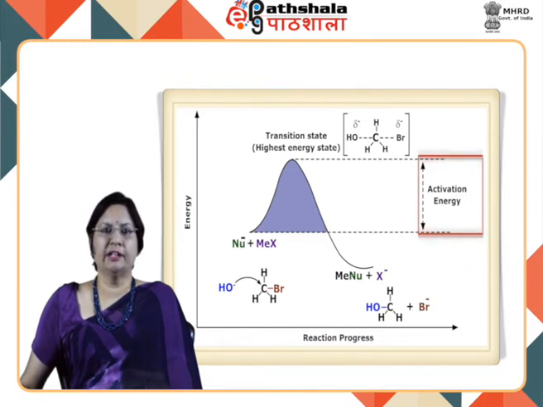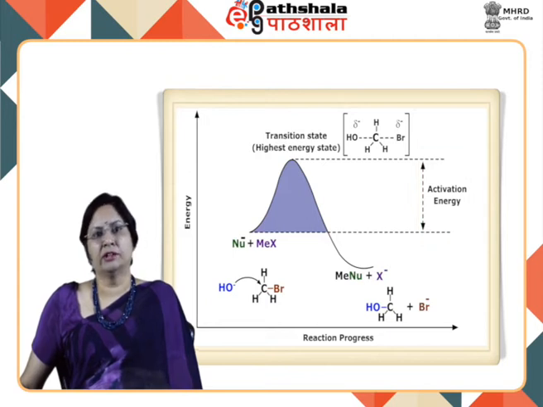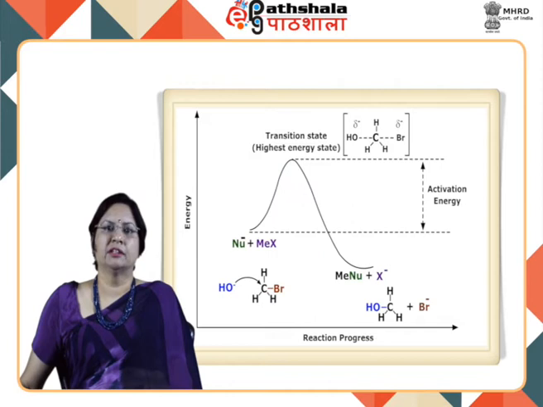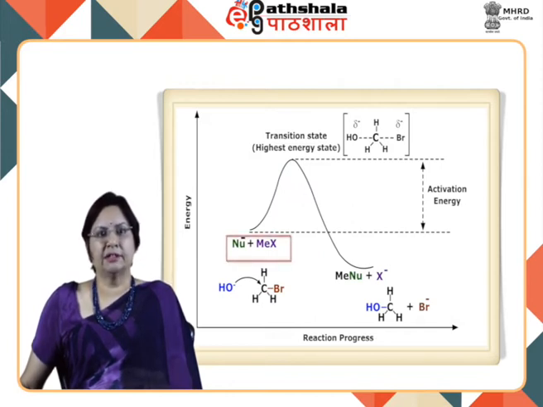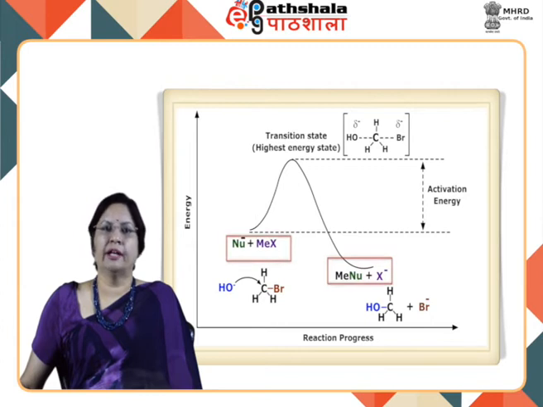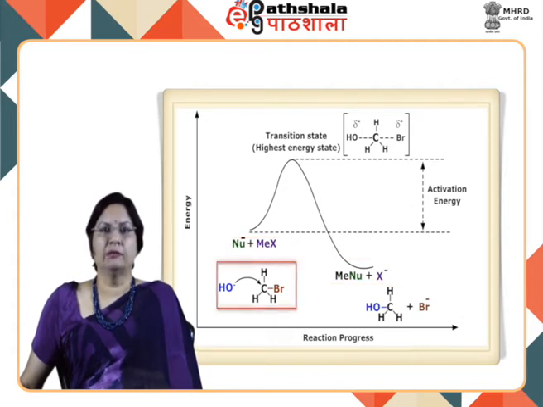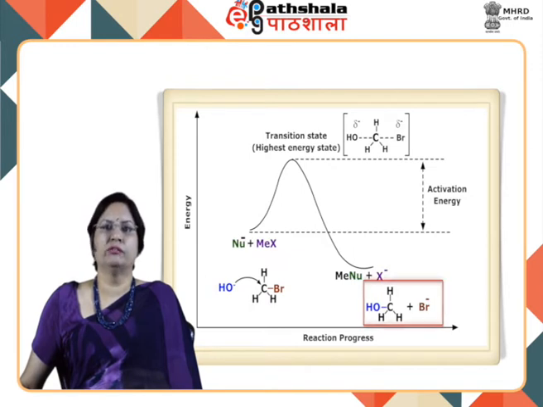So this area is representing the transition state, and further on it will be giving rise to the products, that is if you start from Nu plus MeX, then you get MeNu and X minus, and for example here starting from methyl bromide reacting with OH minus, you will get methanol with the removal of Br minus.